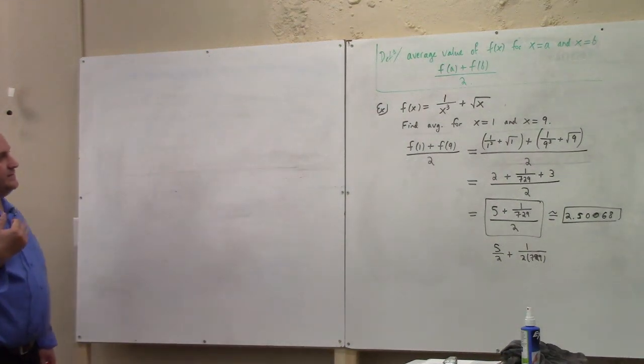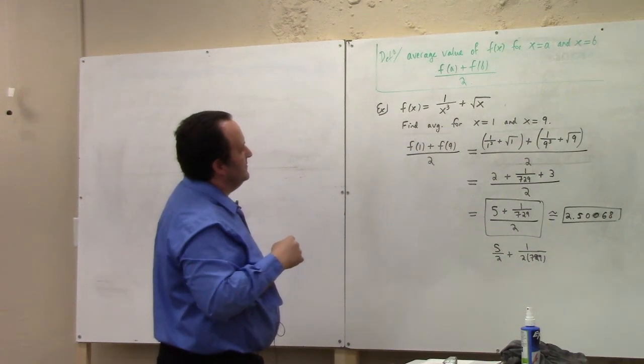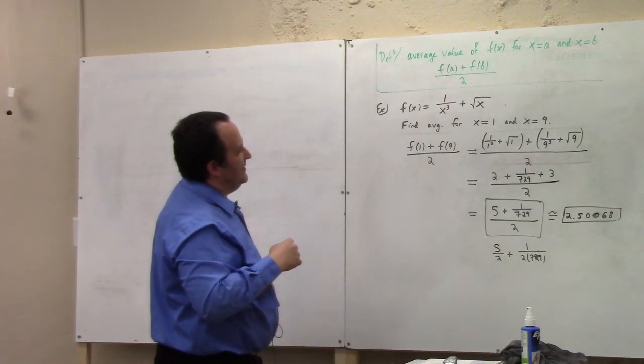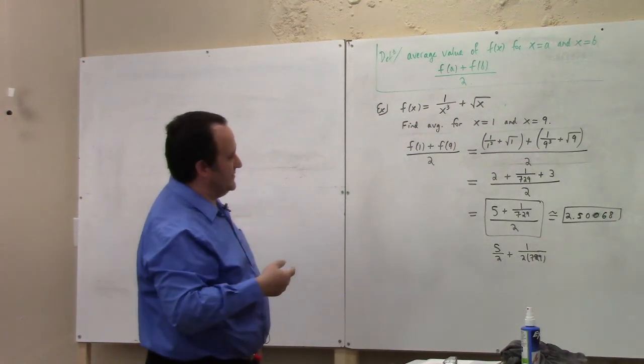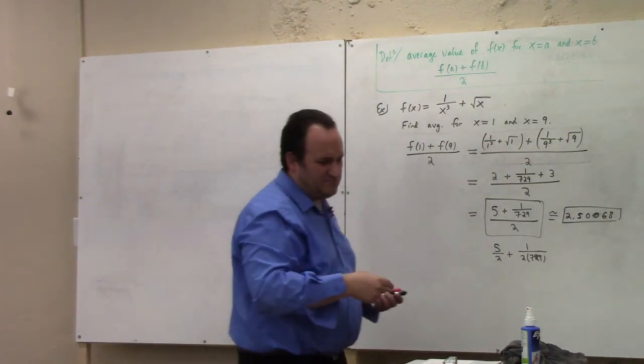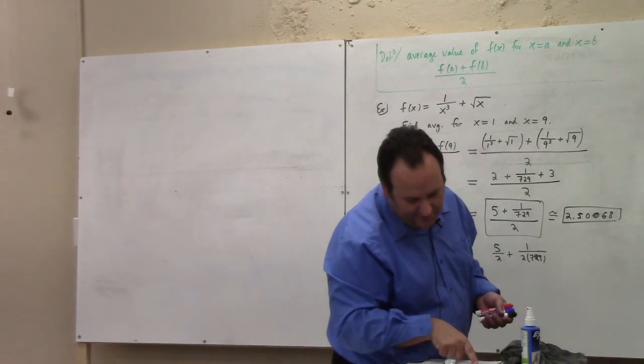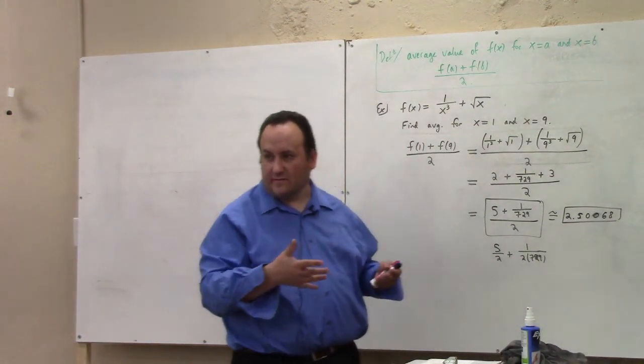By the way, I should say that's the average value. There is another average that I have failed to include here. I should distinguish that from, in section 2.4, we'll talk about the average rate of change of a function. That's a little bit different, right?